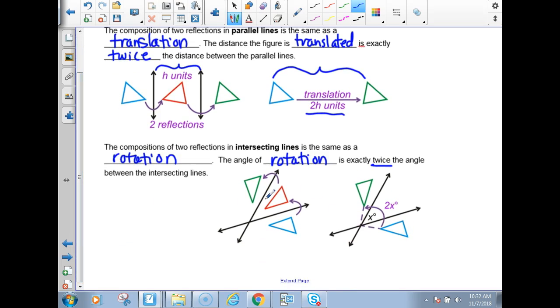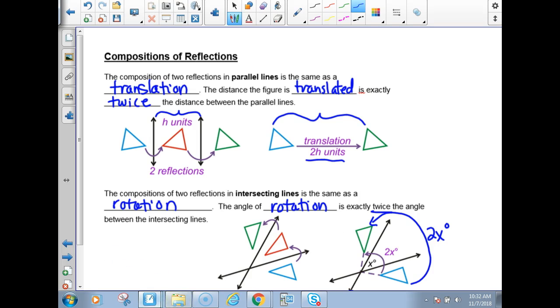What this illustrates here is if you reflect the triangle over the first line and then the second line, your total transformation, which is a rotation, is 2 times the angle between the lines. There's an arrow right here for this one. I could do it for every corner, actually. They're all rotated the same amount.